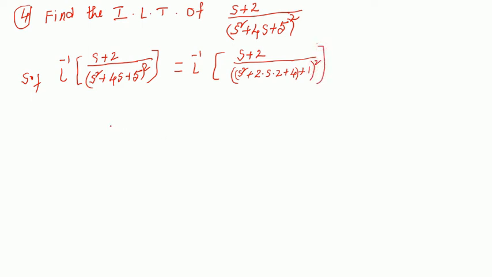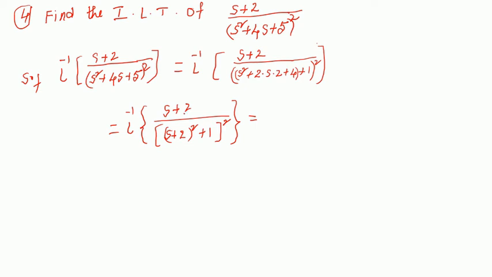So this is equal to L inverse of (s plus 2) by the denominator. See that this is a square plus 2ab plus b square form. It can be written as (s plus 2) whole square plus 1, and again whole square. So what is there in the place of s here? s plus 2.